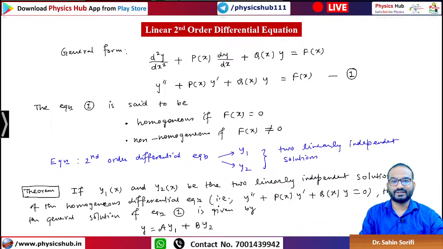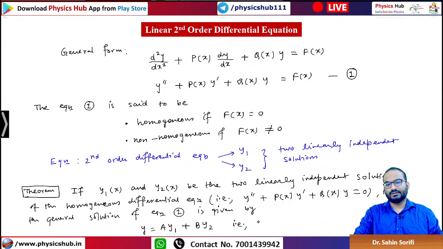We are taking the linear combination of the two independent solutions. So y will also be a solution, meaning if you put y in the differential equation, it will satisfy the homogeneous differential equation. That is, y will also be a solution. Is that clear?